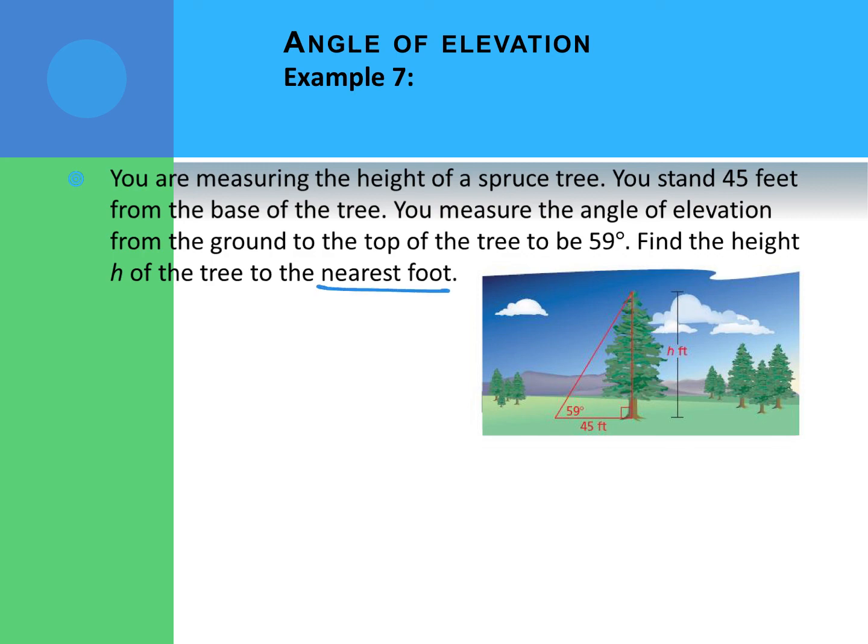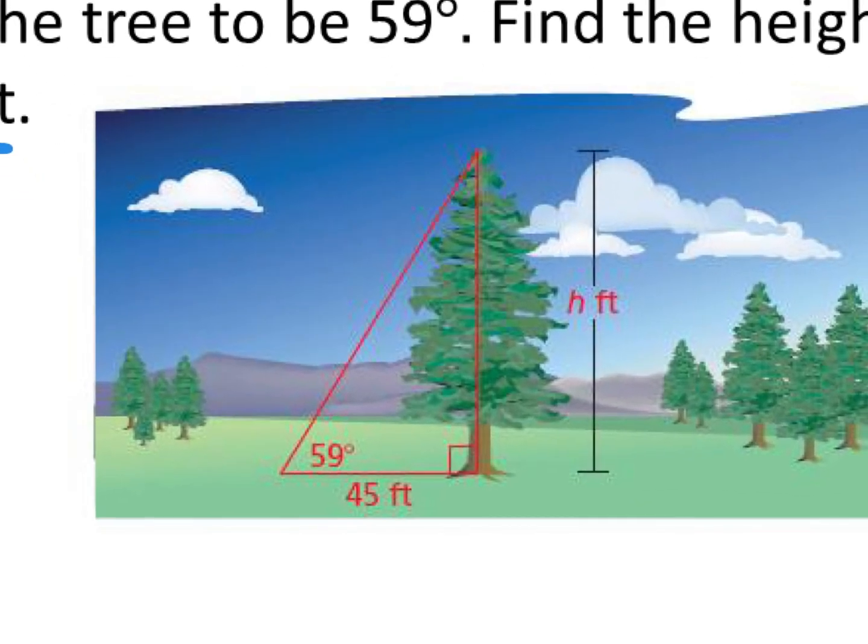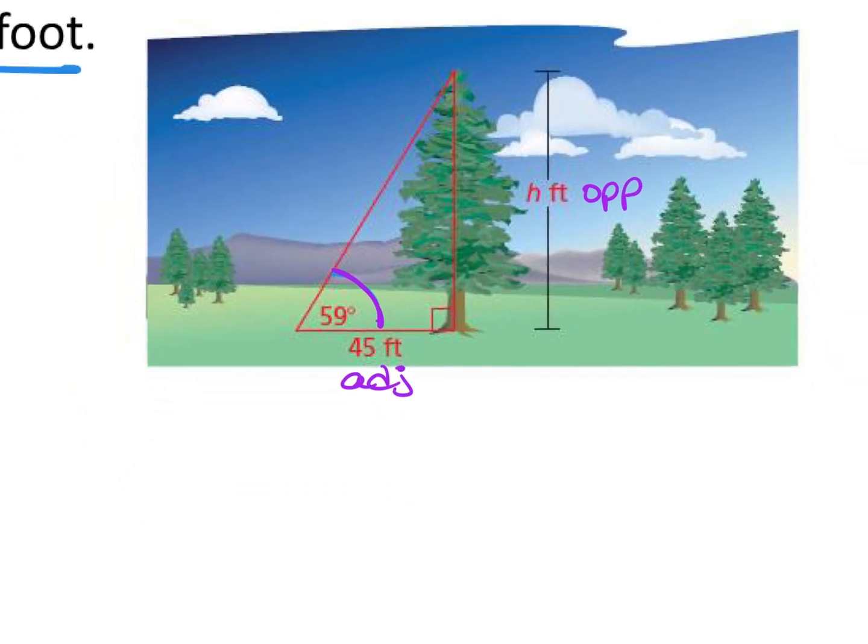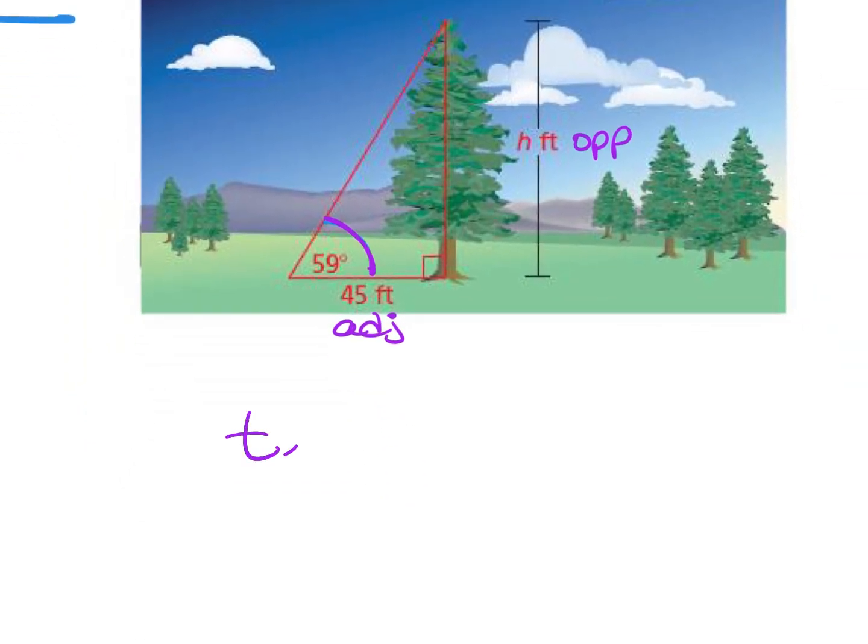So I'm using my tangent ratio. Notice this is the angle of elevation here, the 59. The side opposite to the 59 is the h. The side adjacent to the 59 is the 45. So I'm going to be doing tangent of 59 is equal to h over 45.